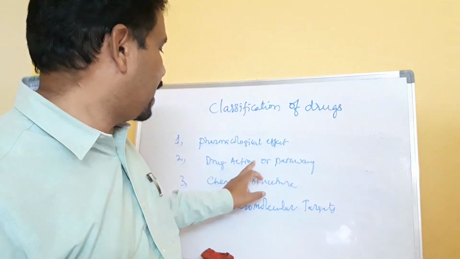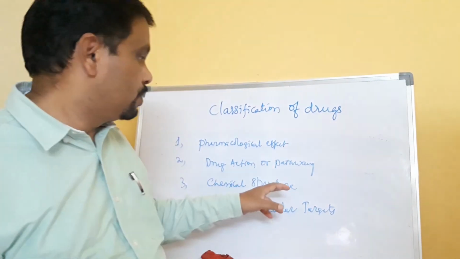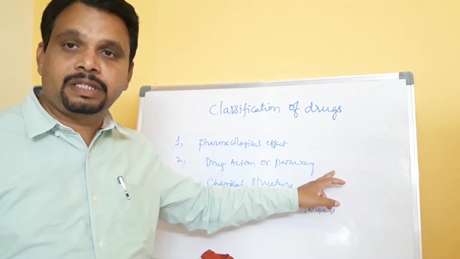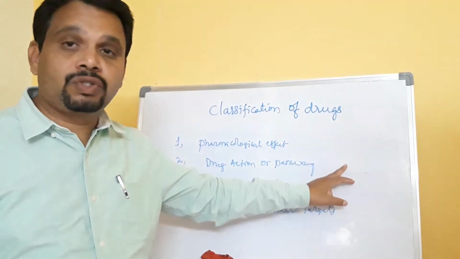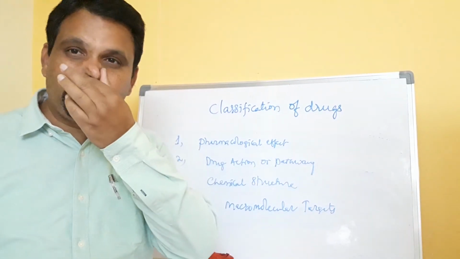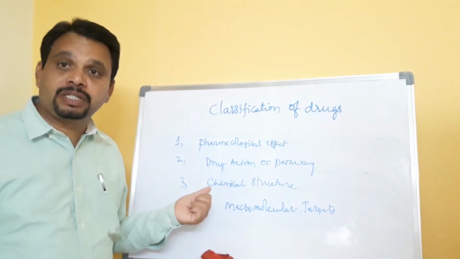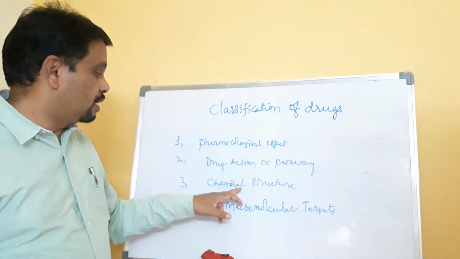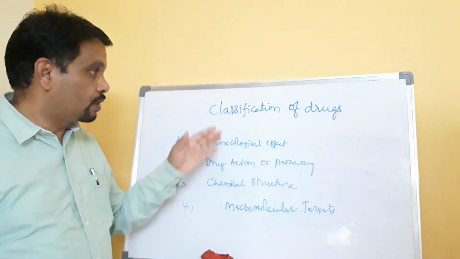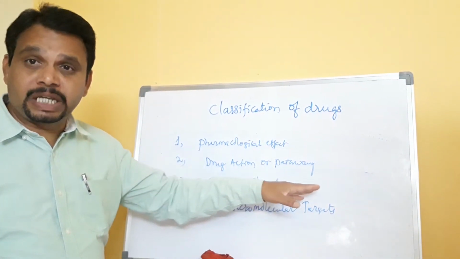The second one is drug action, or pathway, or mechanism of action. In this you have seen some examples: alpha glucosidase inhibitors, topoisomerase inhibitors. That is the mechanism by which a drug can act and produce a biological response. The third one is chemical structure. On the basis of chemical structure, we can also classify drugs into different categories like sulfonamides, benzodiazepines.